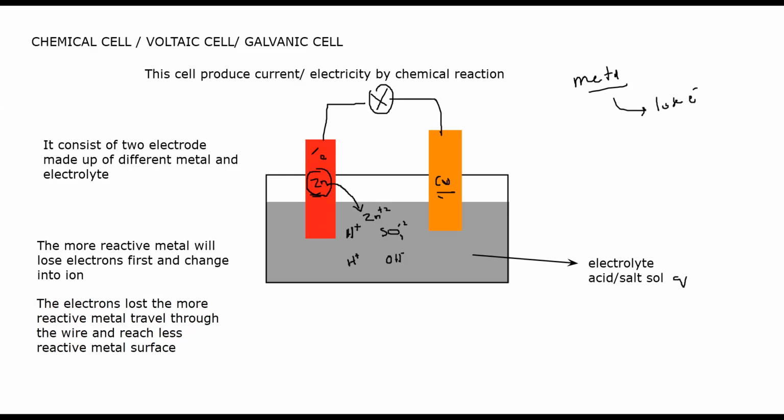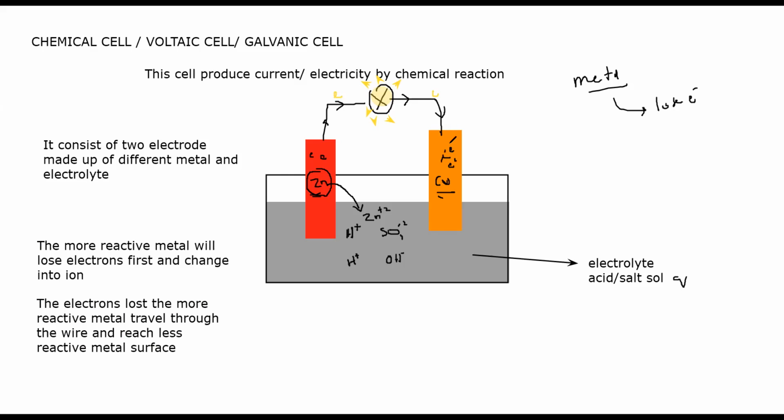What happened to the electrons? Electrons cannot travel within the electrolyte. So these electrons will travel through the wires. So as these electrons move, what will we observe? We will observe that the lamp lights up. So this lamp starts to work or lights up because the electrons actually travel from the more reactive metal surface to the less reactive metal surface.